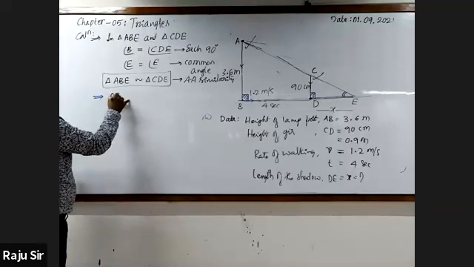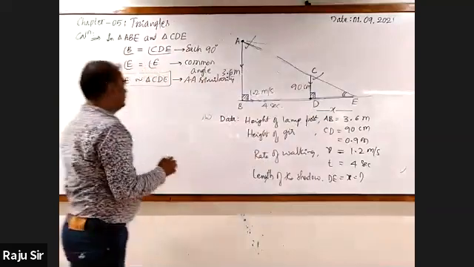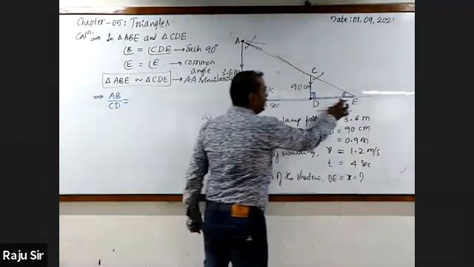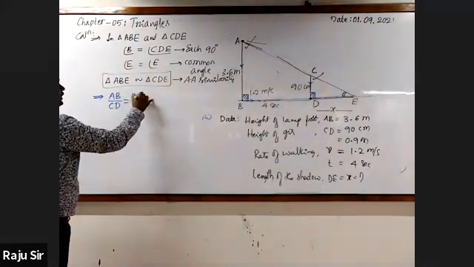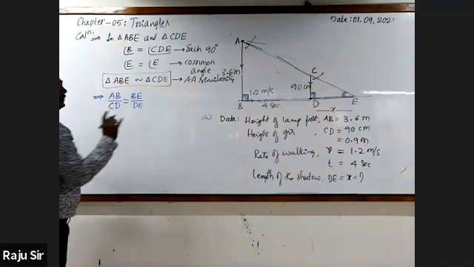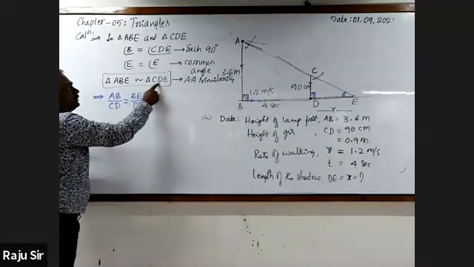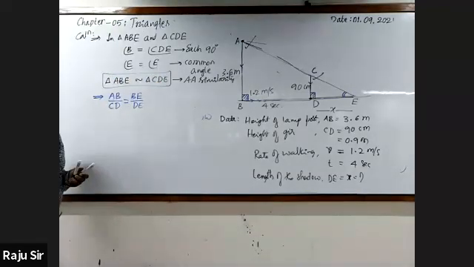Yes, here AB by its corresponding side CD, then BE by DE. If there is confusion, I can write directly AB by CD, BE by DE, AE by CE. Whichever is required, you can follow that.